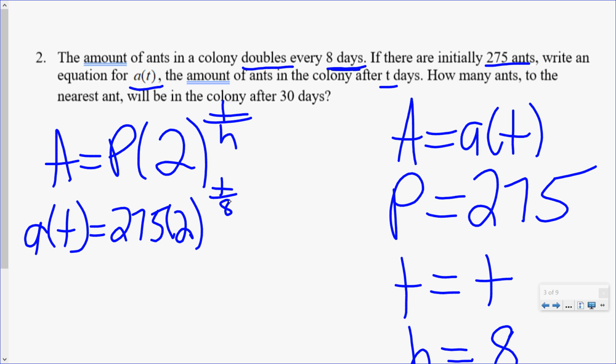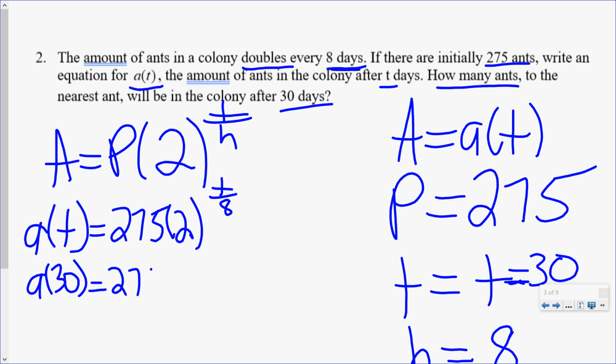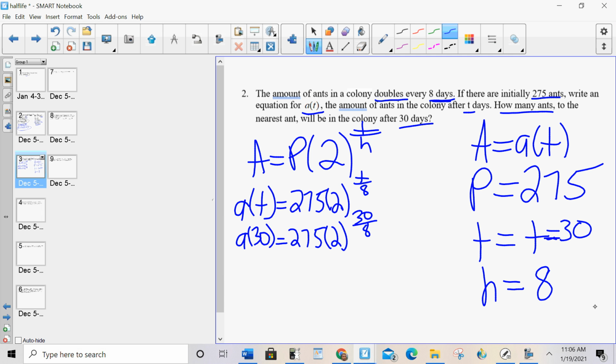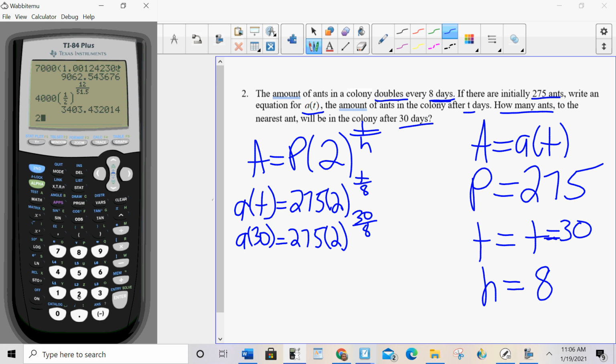Now the follow-up question, how many ants will be in the colony after 30 days? 30 days is T, that's how much time is passing. So I'm going to do A of 30 equals 275 times 2 to the 30 over 8. And I go to my calculator and I type in 275 times 2 to the power of 30 over 8.